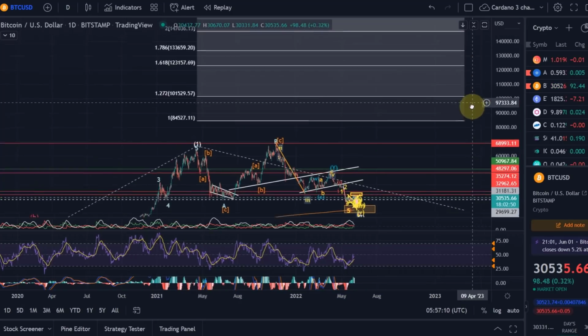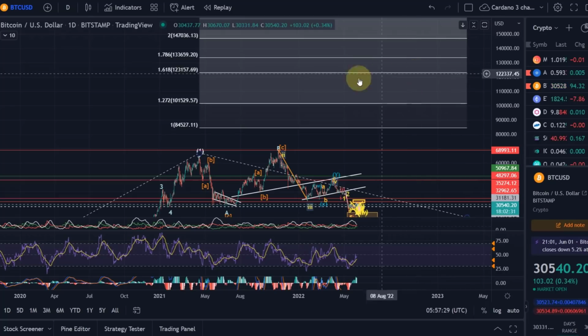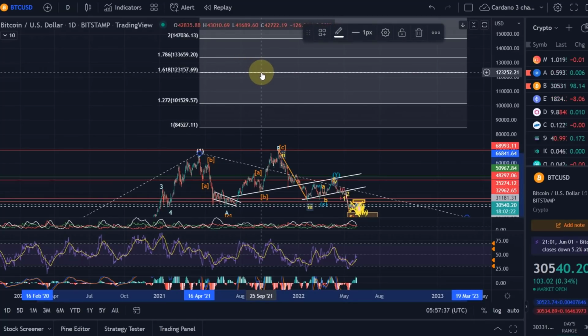The next target for the next bull run would be around 123k. The absolute minimum would be 123k. That would be the target for a wave 3, the 1.618 Fibonacci extension level. This is what we would expect in a wave 3, but it should go higher because we had 3 1-2 setups, and this is really only the minimum target for such a wave 3.